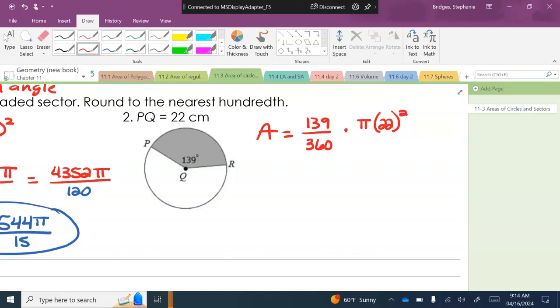Yep, 360. It's the same thing, right? Yeah, same thing. Okay, so all that means is that part does not simplify, so we're just going to rewrite it. Now we're going to go 22 squared.